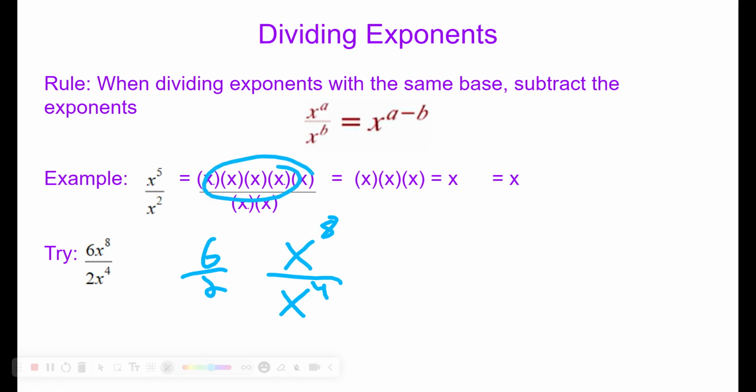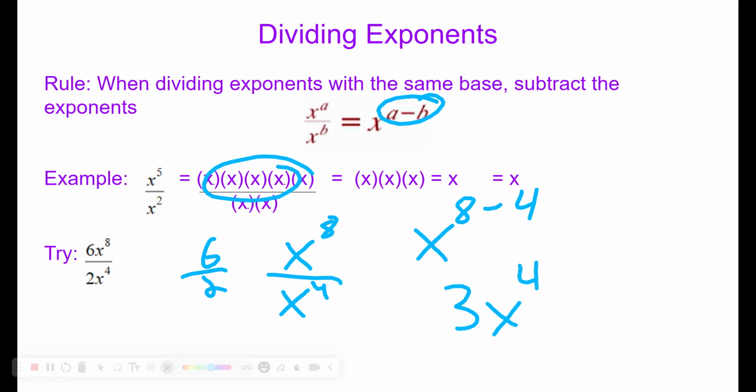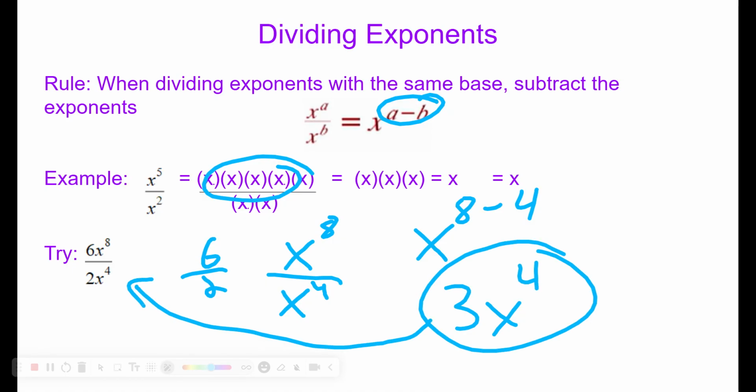Remember from our example here, we end up with x to the 8 minus 4 power, a minus b, top divided by bottom. 6 over 2 is going to be 3, and the x that's left over is to the 4th. So the simplified version of 6 times x to the 8th divided by 2 times x to the 4th is going to be 3x to the 4th power.